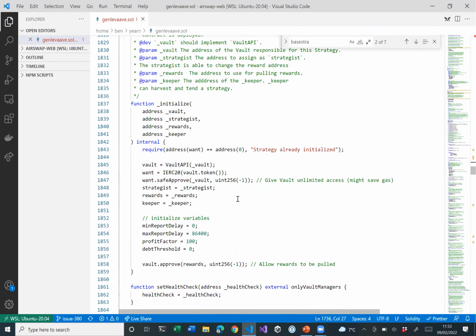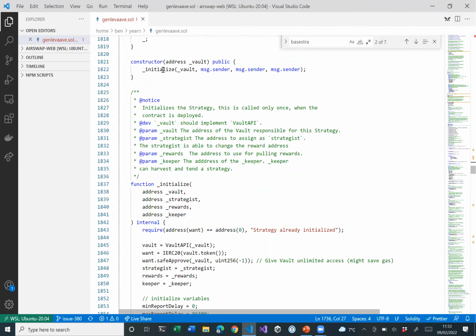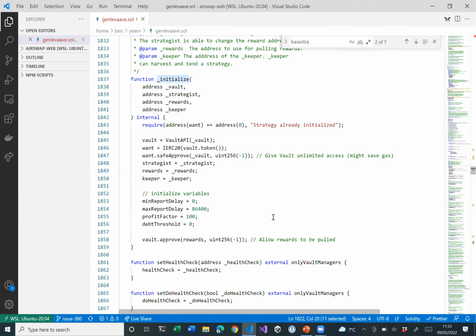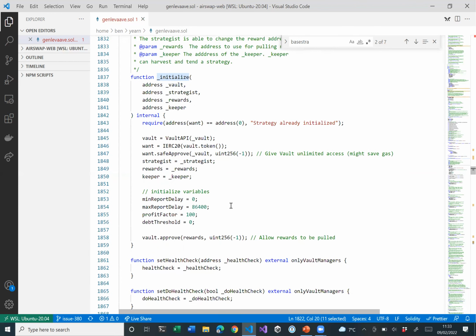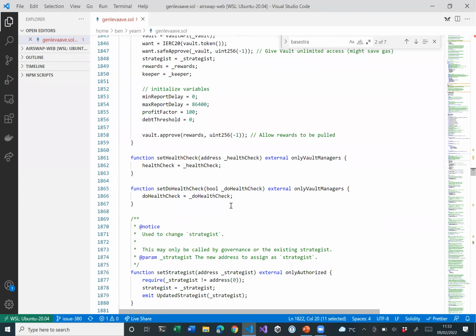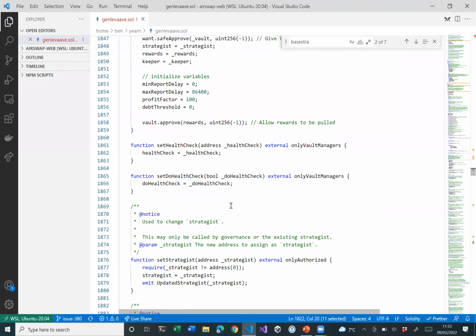Where's the constructor? Constructor called initialize. Why is the want is not equal to zero address? Just sets a bunch of variables.